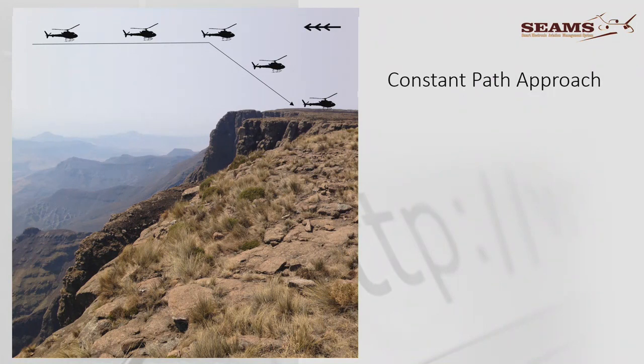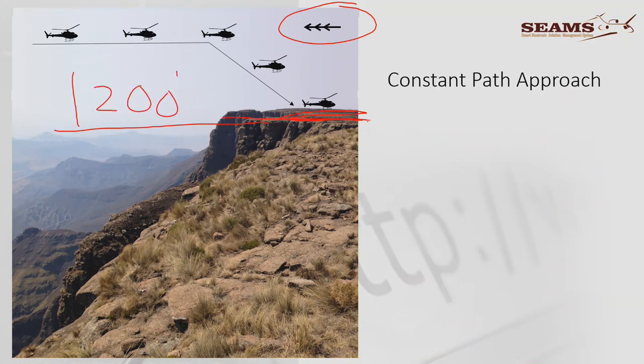So what I've done here is, on this specific part of the area, I wanted to land on the plateau here on the right. That's fine. So I'm going to look over the area, assess the wind, and now this height is around about 200 feet above this height here.